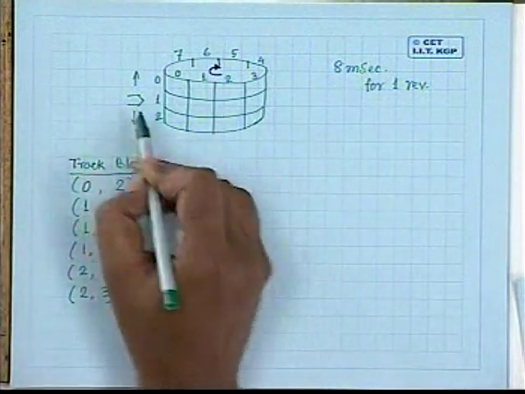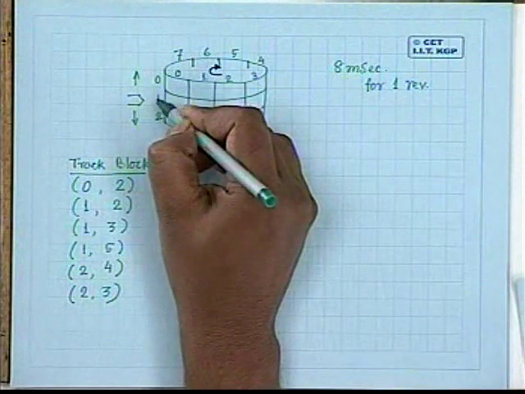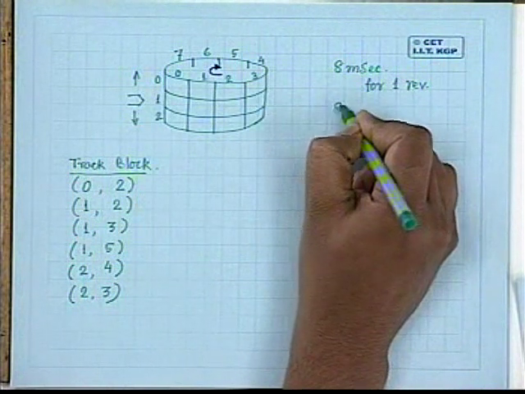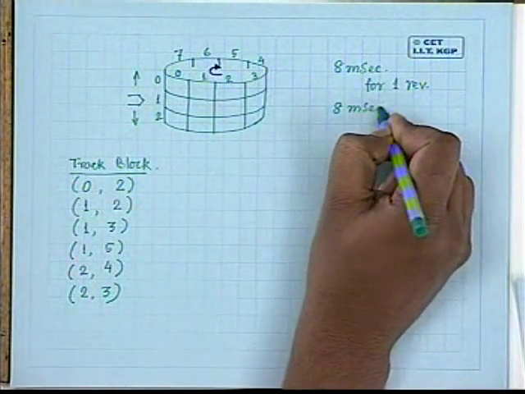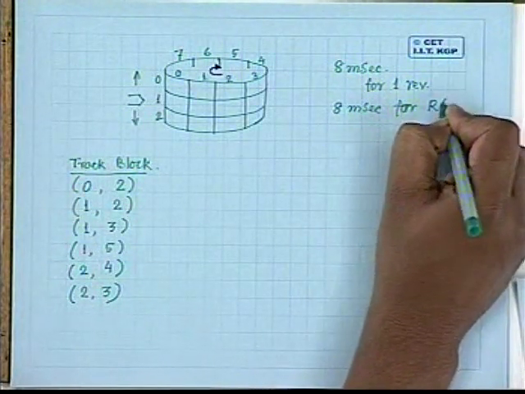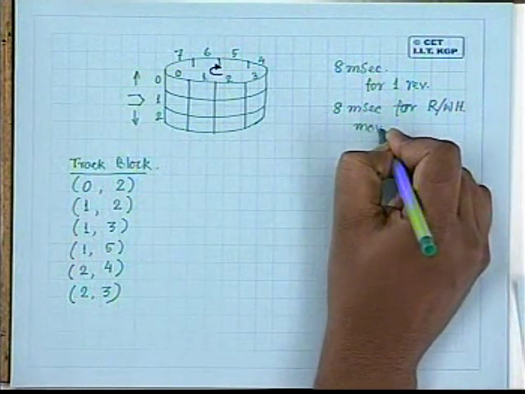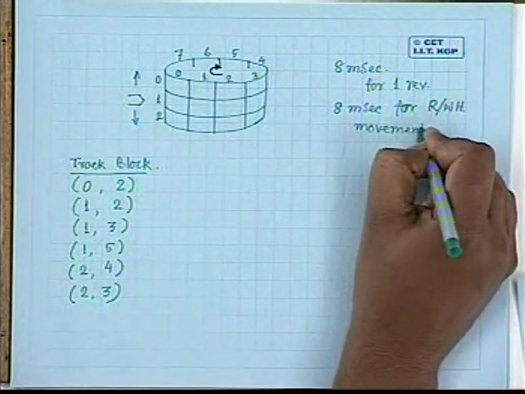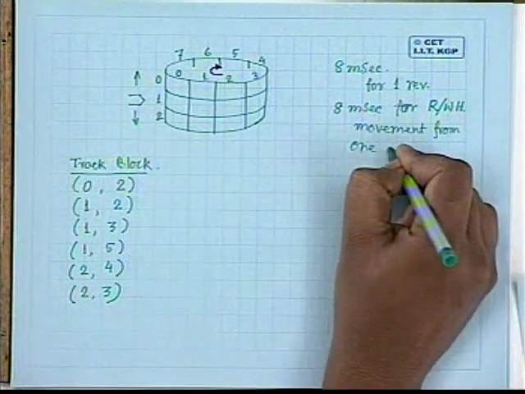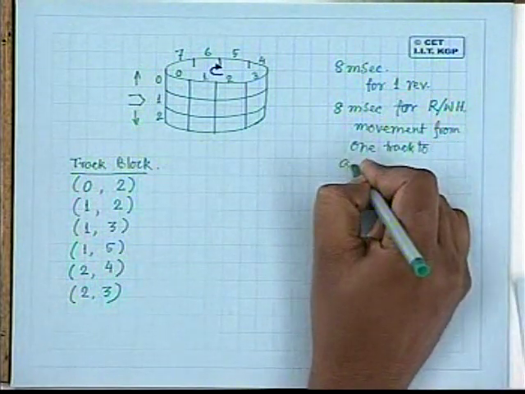Similarly, the read-write head can also move from one track to the adjacent track in 8 milliseconds. 8 milliseconds for read-write head movement from one track to an adjacent track.